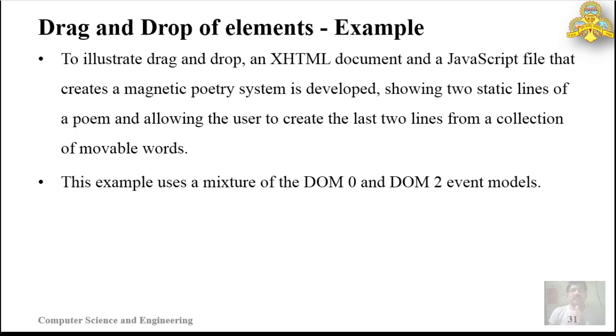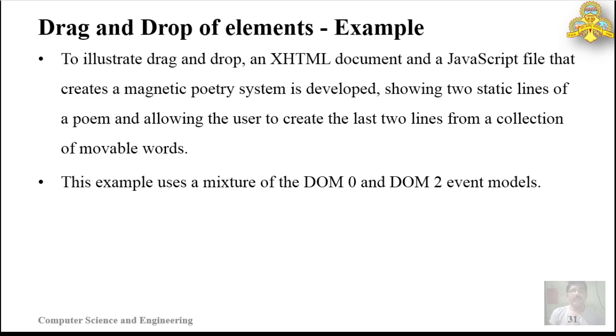In the example that I am going to demonstrate now, two lines of a rhyme are shown and the next two lines are shown as a movable, that is draggable, element on the web page.